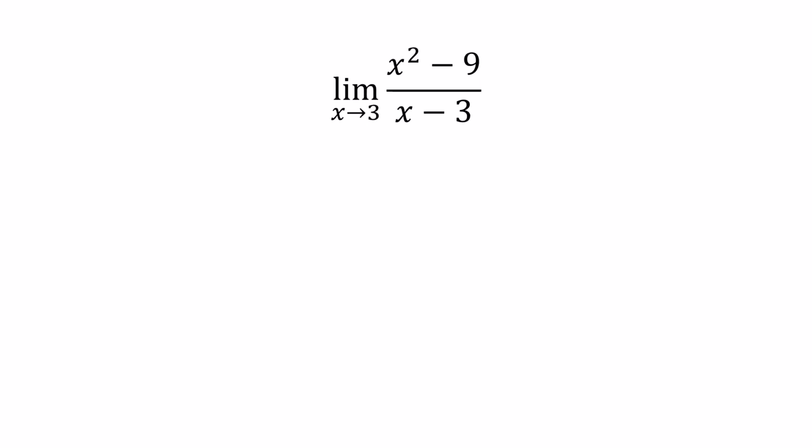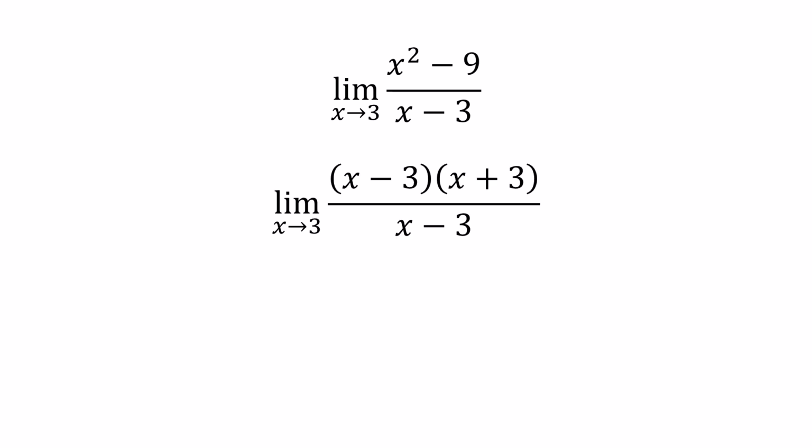We begin by factoring the numerator, which gives the limit as x approaches 3 of x minus 3 times x plus 3 all over x minus 3.